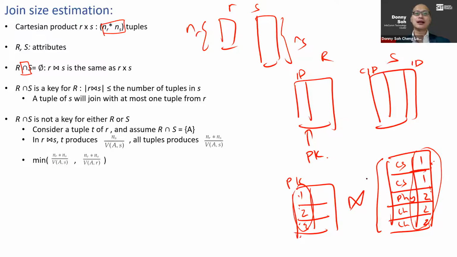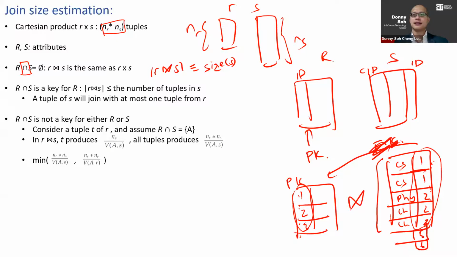Okay, so there are two things you want to think of. If this is a foreign key, if I've set it to be a foreign key, this must be equal to the size of S. Because it must be there, every join will have a corresponding entry in my primary key. If it is not a foreign key, it means that I can have funny values here, 5, 6, 7.